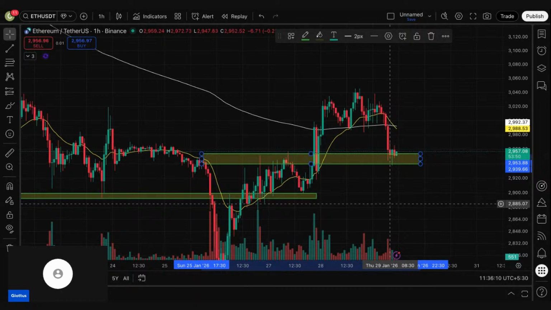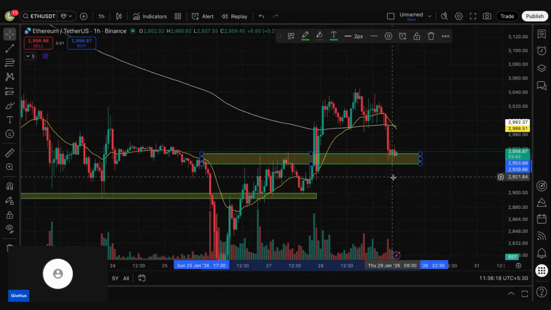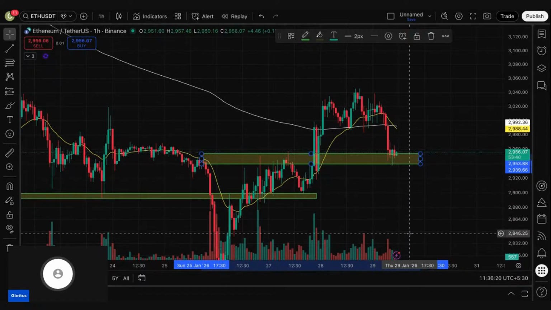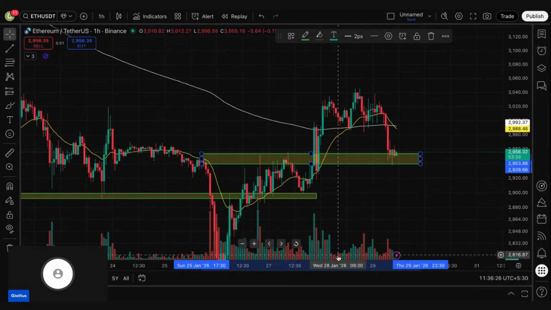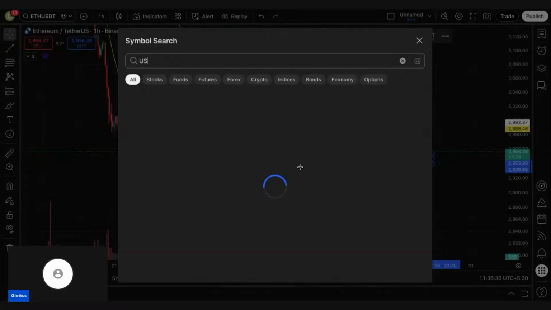For this, we just need the price to close below 2950, around this zone. And from here, we'll play a short opportunity on Ethereum. You can see the market has not done well to hold up around this zone.